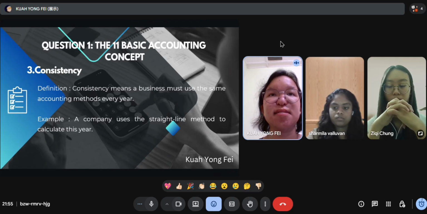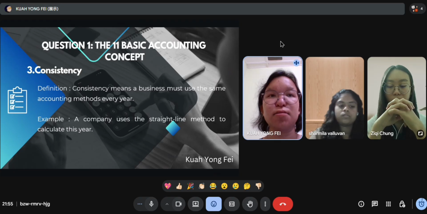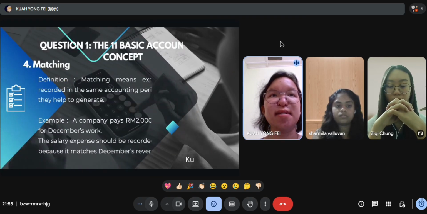The definition of consistency means a business must use the same accounting method every year so that financial statements can be compared fairly. For example, a company used the straight line method to calculate depreciation this year. And the last one is matching.